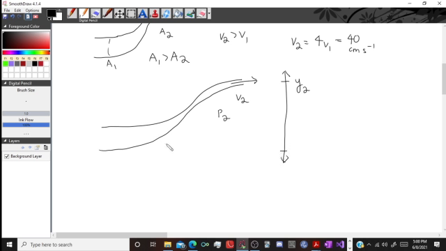And likewise here, the elevation is Y sub 1, and now it's traveling at only V sub 1, the pressure is P sub 1.